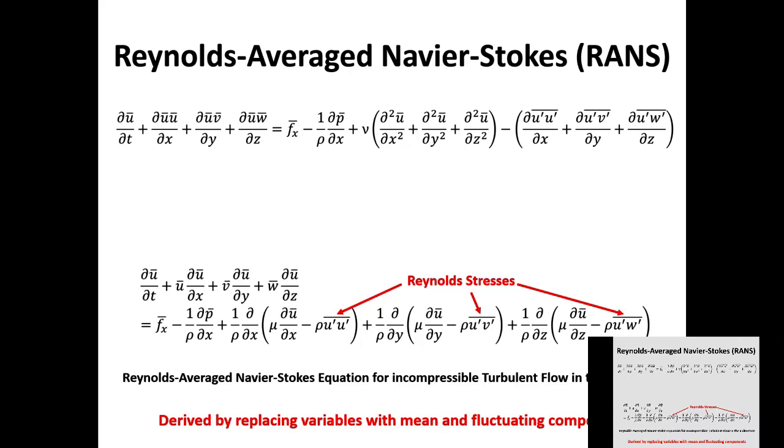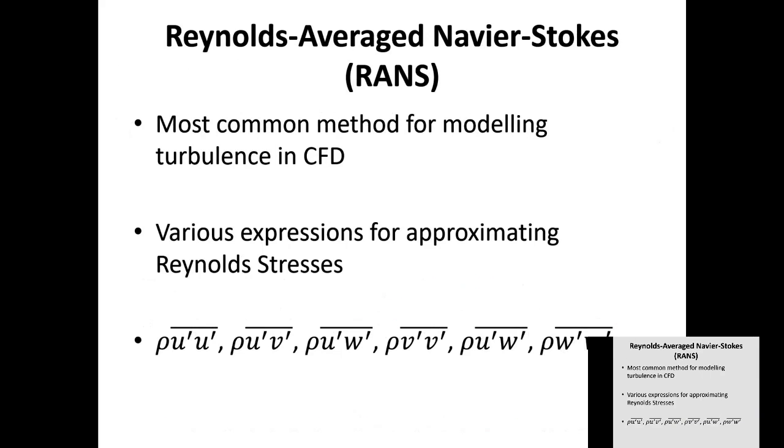So you replace your u with u bar plus u prime, v with v bar plus v prime, and w with w bar plus w prime. And RANS is the most common method of modeling turbulence in CFD. There are various expressions for approximating Reynolds stresses. Now, these are the Reynolds stresses.